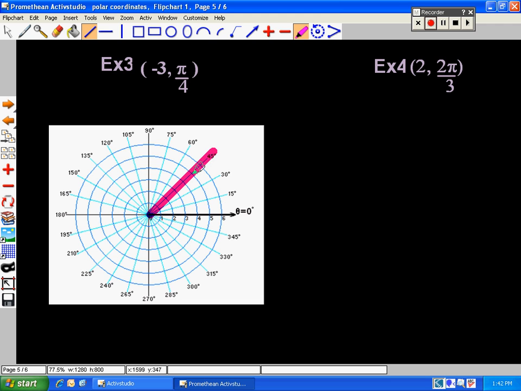So this is pi over 4, but I don't want to go out 3 in this direction. It says negative 3, so that means I go in the exact opposite direction. So my point is going to be in the exact opposite direction. 1, 2, 3, right there. So the negative r indicates go in the opposite direction as the angle that's indicated in the point.